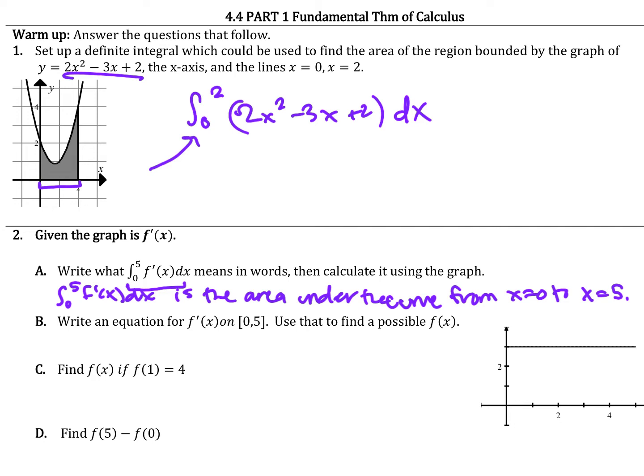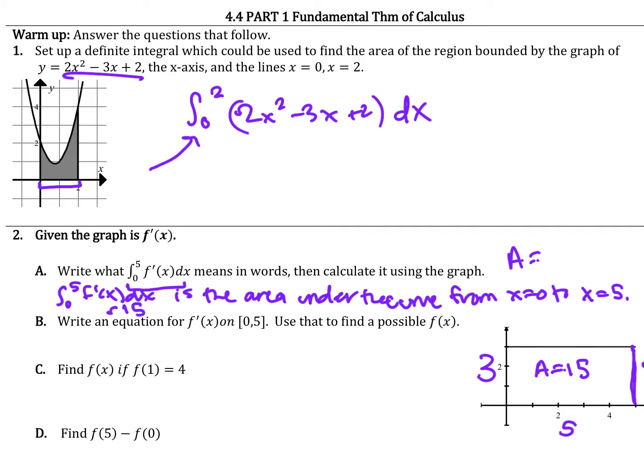And since this is a linear graph, we could find that exact area by just finding the area of this rectangle, which has a height of 3 and a width of 5. So the area here is going to be equal to 15, again, because this is a line. So we could say the area, or the value of the integral, is equal to 15.